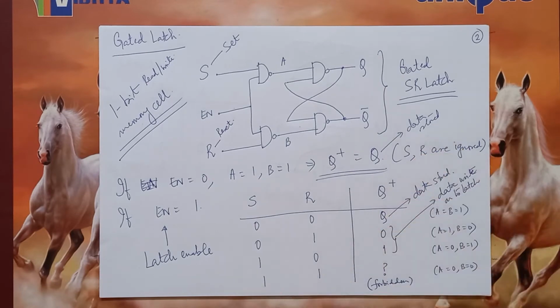That is like saying whenever you have a directory in your computer, if the directory is empty and you want to store a file in it, you send the file from somewhere into that directory. That is called a write operation. After that, when you don't disturb the directory at all, you can access it anytime the computer is on and access the file that is inside the directory. That is called a read process.